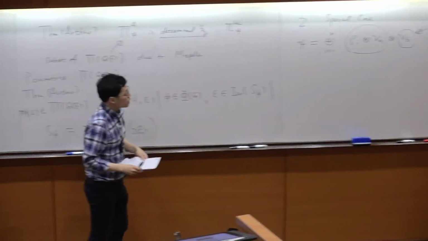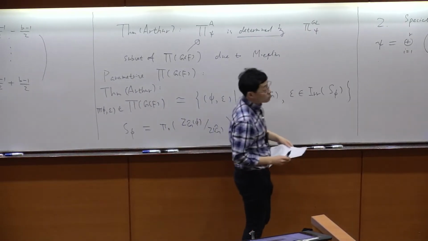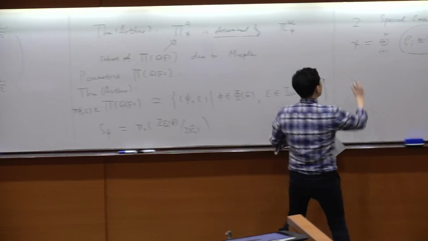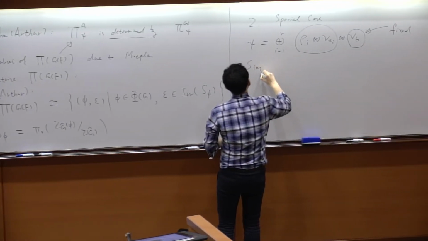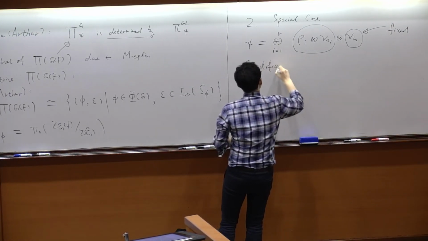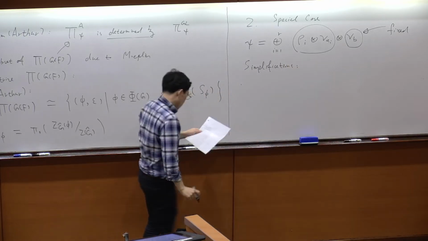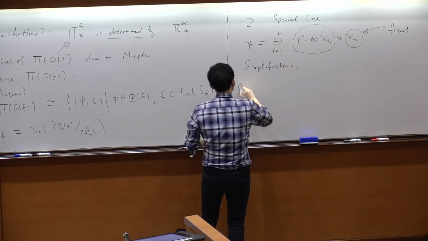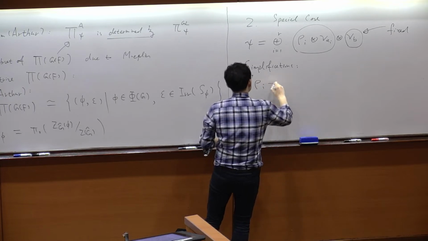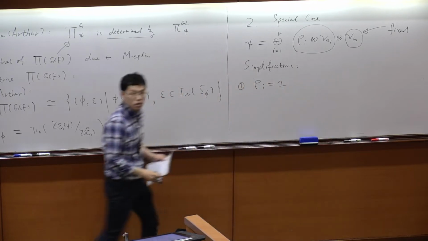So in order to present the results, we need to make some further simplification. First, I'm going to take all these rho I to be trivial.